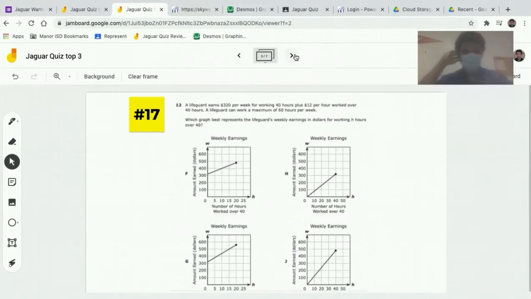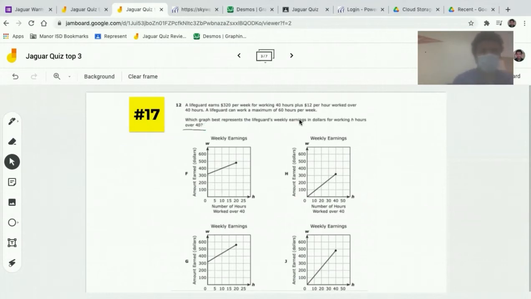Number 17, a lifeguard earns $320 per week, working 48 hours plus $12 per hour, worked over 40 hours. A lifeguard can work a maximum of 60 hours a week, which graph best represents the lifeguard's weekly earnings after working 8 hours over 40. So the keyword here would be over 40.